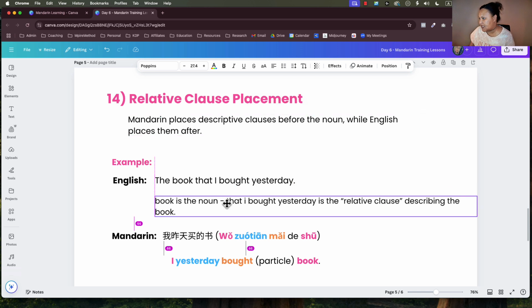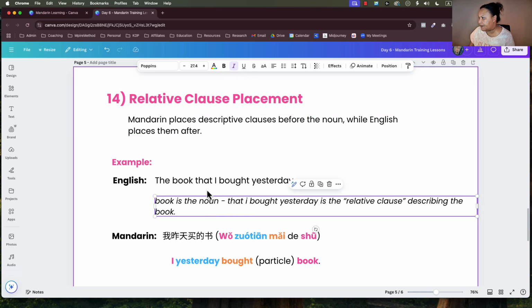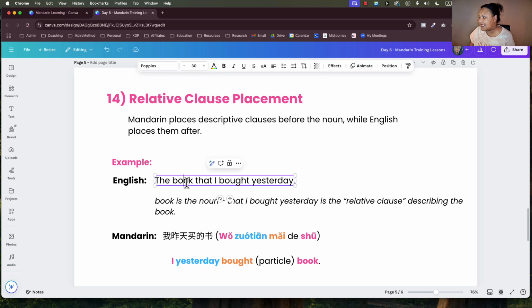Okay, the book, that's the noun. The descriptive clause: English places the clause after. The book is the noun, and that I bought yesterday is the clause.